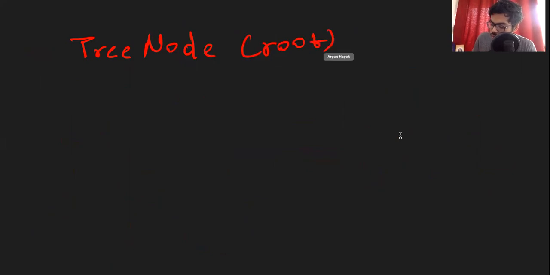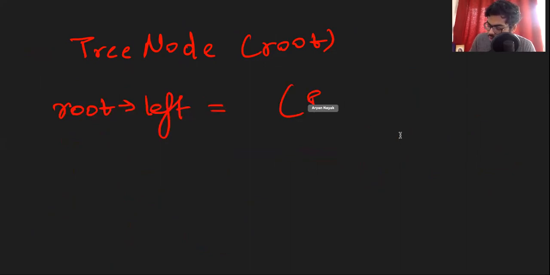So for this, the condition that we need to follow is that we'll be making a node. Let me call it root. Everything on the root's left would be everything from in-order start index to the index.